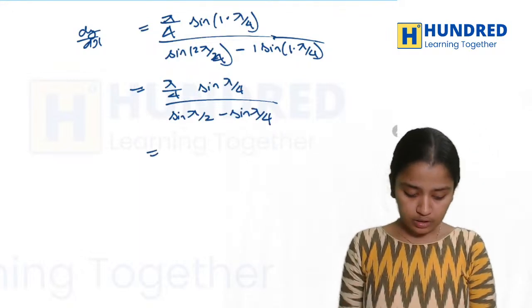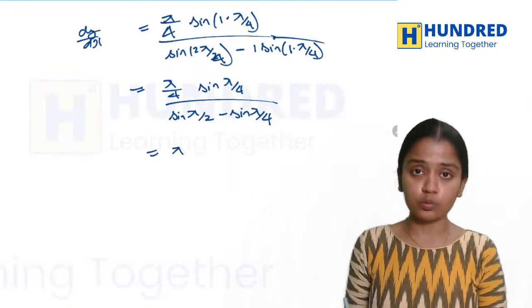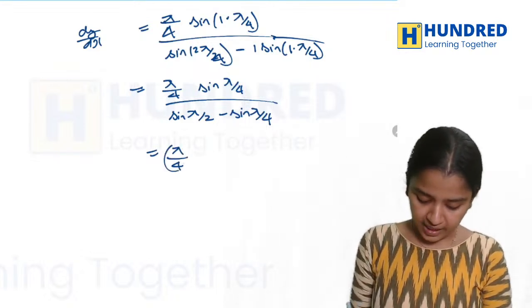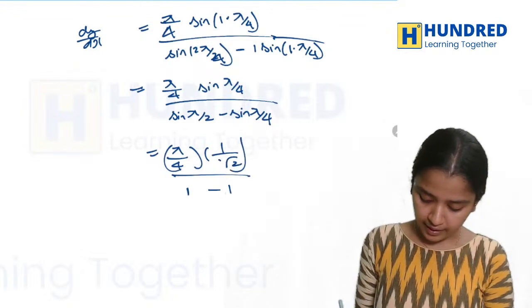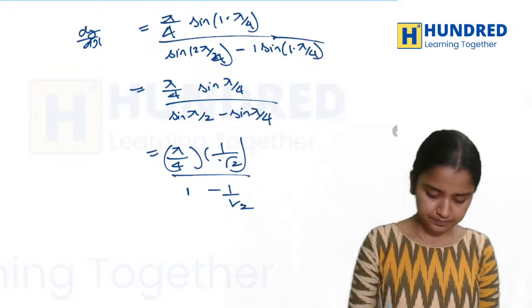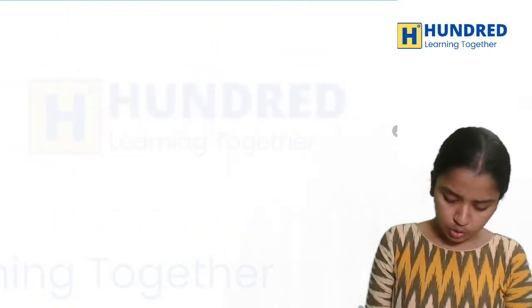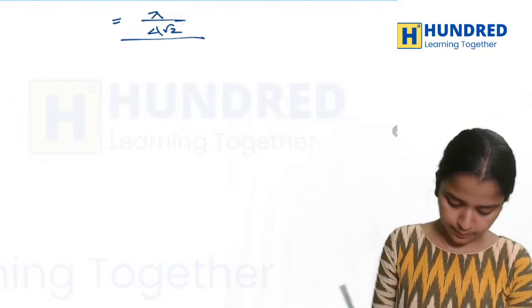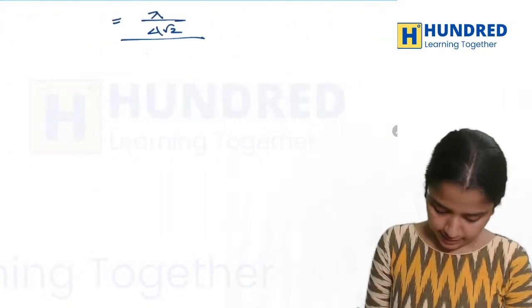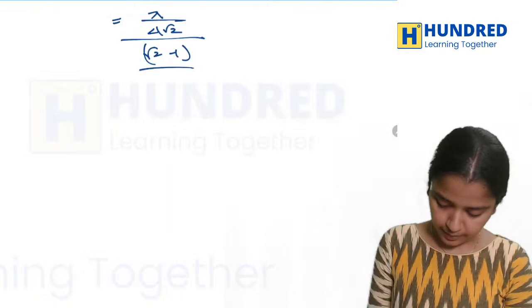Okay, now what is my sine pi by 4? Which is nothing but 1 by root 2. So pi by 4 into 1 by root 2 divided by 1 minus 1 by root 2. So when I further do it, it is pi by 4 root 2 divided by, what is it? That is nothing but root 2 minus 1 by root 2.